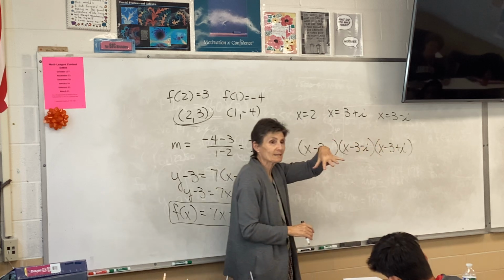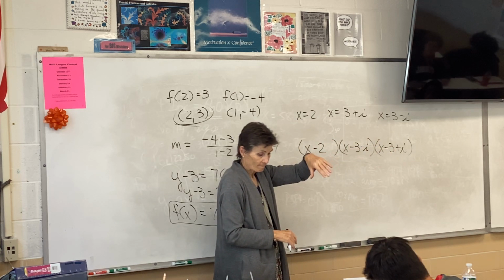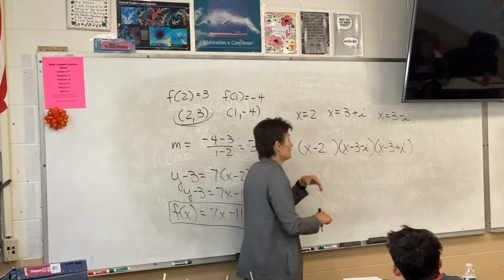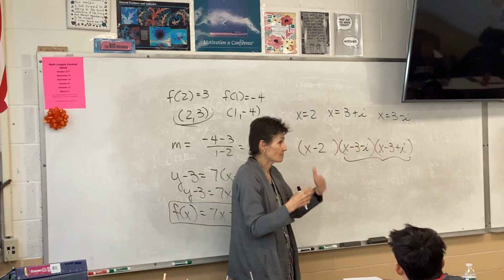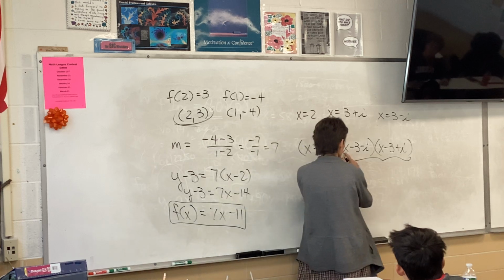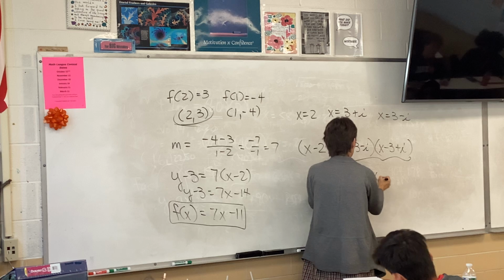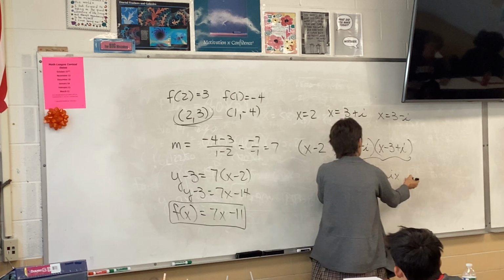I need everybody to look at that. Make sure you got it. Okay? Now, we'll start the FOIL here because lots of stuff will cancel out. So this times all 3. Then this times all 3.